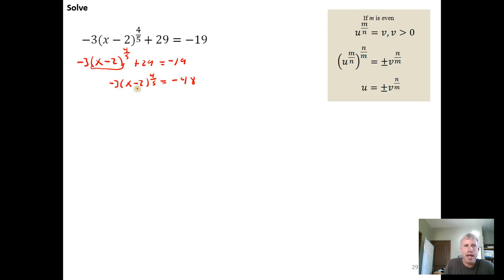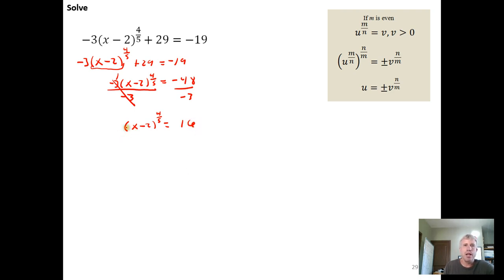We don't quite have our expression isolated yet, so we're going to divide by this negative 3 on both sides. Negative 3 divided by negative 3 is 1, leaving one expression being raised to the 4/5 power. And a negative divided by a negative is a positive, and 3 goes into 48 sixteen times.